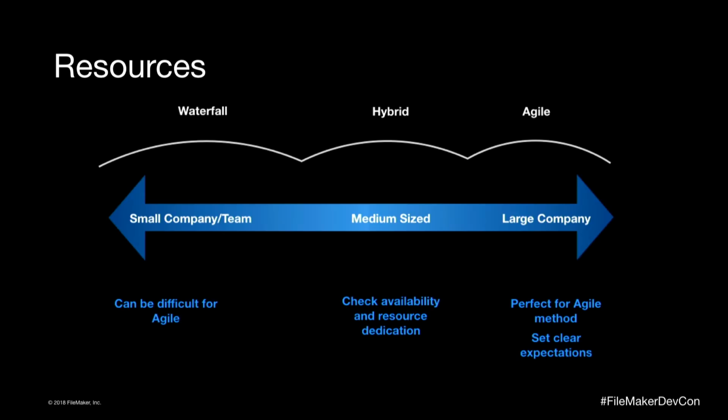So the first one I want to focus on is resources. On each one of these constraints, I'm going to show you a continuum, and on the continuum is going to be from one end to the other of what we're talking about, where there may be a constraint on one end or on both ends. So the first constraint here is resources. And with resources, what we're talking about is the resources on your team for an Agile team.